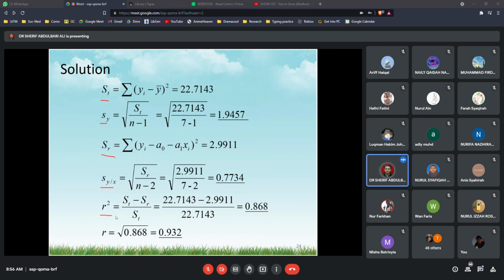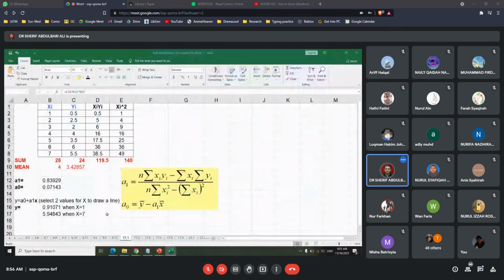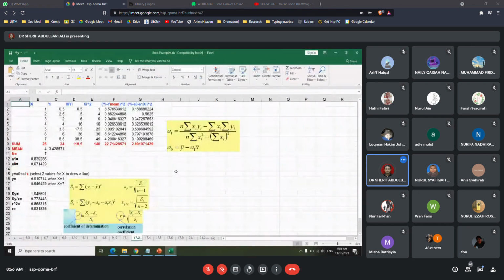So what we are going to do, for our first example, is find the value of SY. The value of SY is based on ST. So how do we get the value of ST? ST is equal to the sum of y minus the y mean, squared. So this is y.